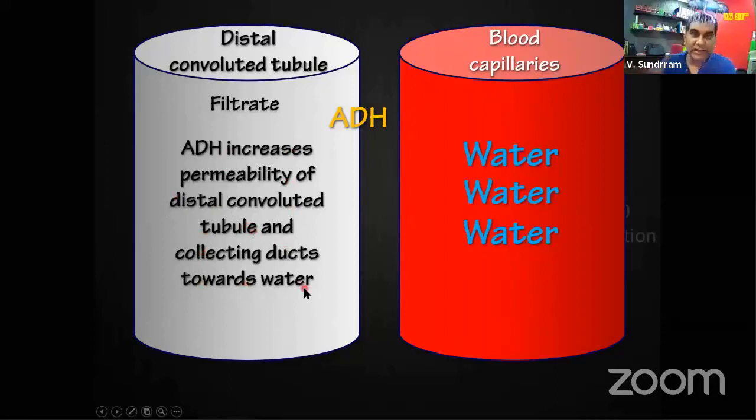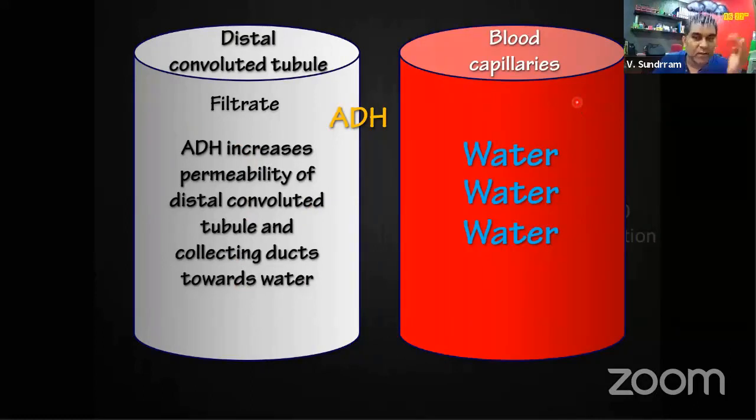I repeat the 5 marks. Osmoreceptor detects, 1 mark, in the hypothalamus. Pituitary gland releases ADH, 1 mark. What does ADH do? It increases permeability of the distal and so on, this whole sentence, third mark. More water is reabsorbed from the filtrate into the blood, fourth mark.